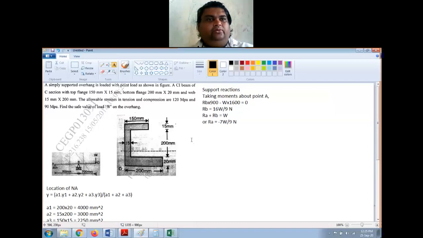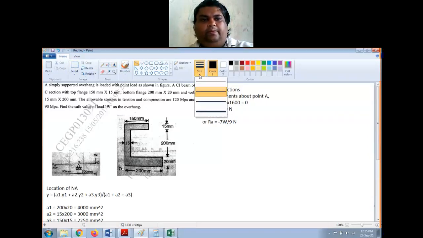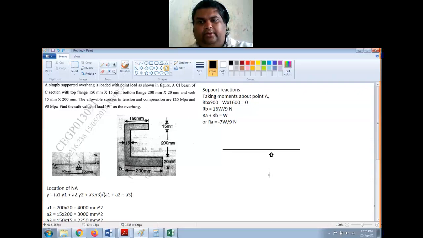So I'm going to draw this beam now. This is the beam. This is point B. At point B, I have a reaction like this, and at point C there is a load. At point A, the reaction is negative.